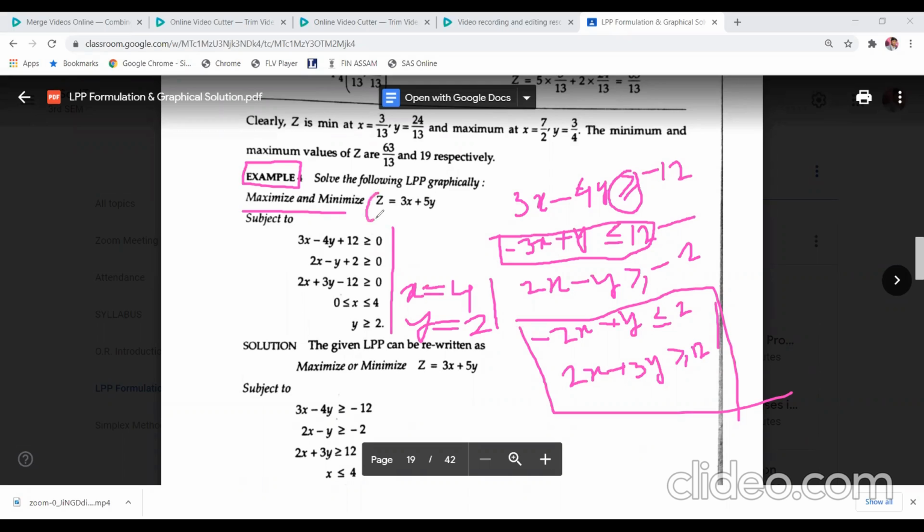Since the problem is both maximization and minimization, check for what values of x and y the value of z is maximum, and for what values of x and y the value of z is minimum. That solves our problem.